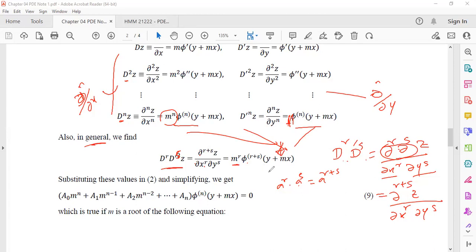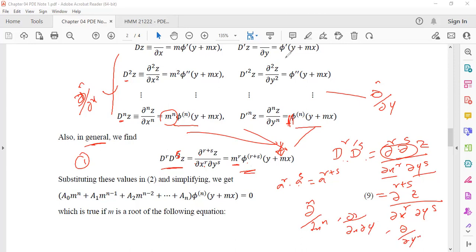Why are we doing this? Because in our equation number 1 we have everything. I mean the nth order homogeneous equation, we have ∂^n/∂x^n there, and ∂/∂x ∂/∂y over there, and ∂^n/∂y^n there.